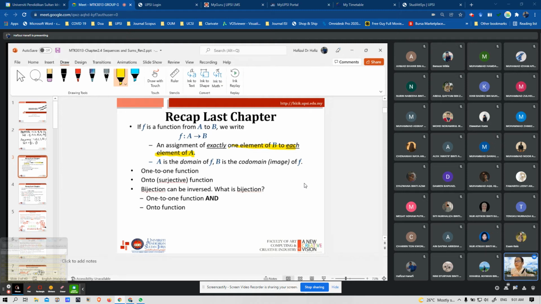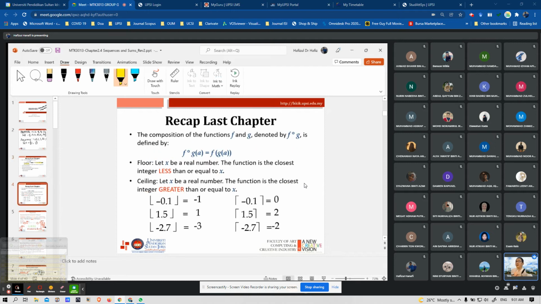Then we have the one-to-one function, the onto (surjective) function, and the bijection, which can be inverted. A bijection must fulfill both requirements, one-to-one and onto. And then we also looked at the floor and the ceiling, and this one is for the composition.